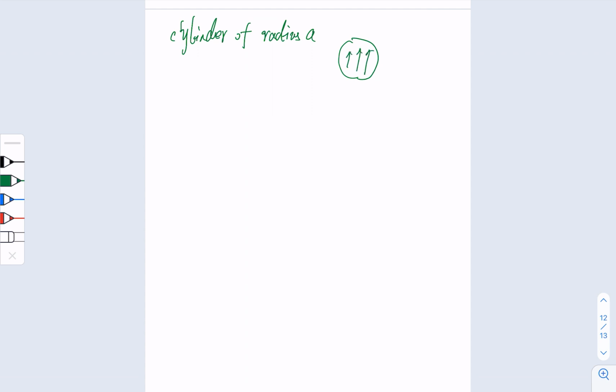Even though I only draw a circle, and you might think this is the same old sphere problem, it's actually a slight variation, and it's actually a cylinder, and I didn't draw the other z-axis. So there should be a z-axis, and now I want to look at what happens to this uniformly polarized cylinder.